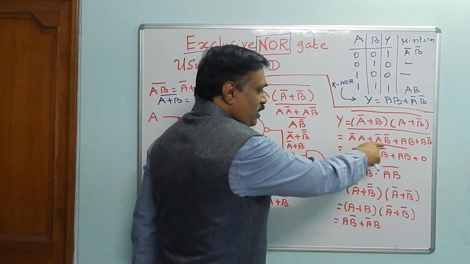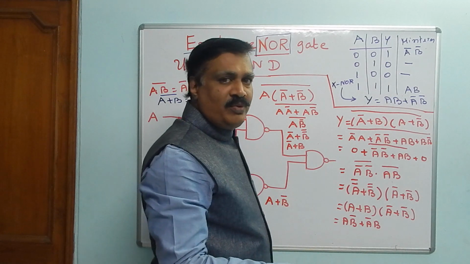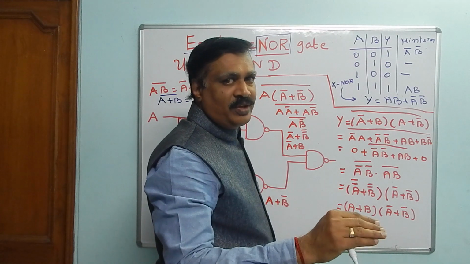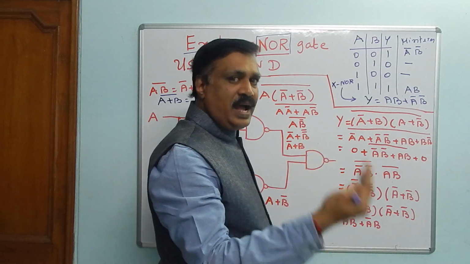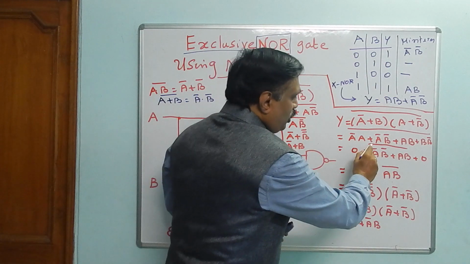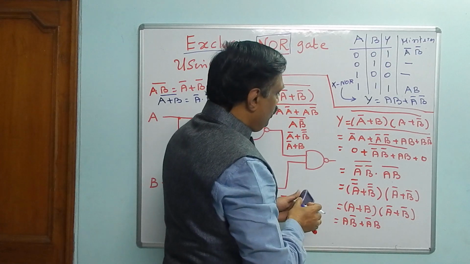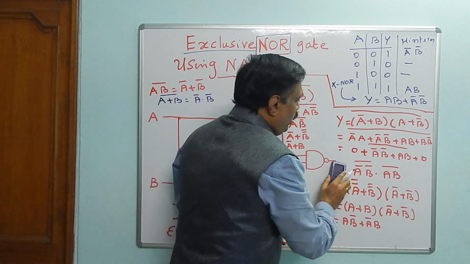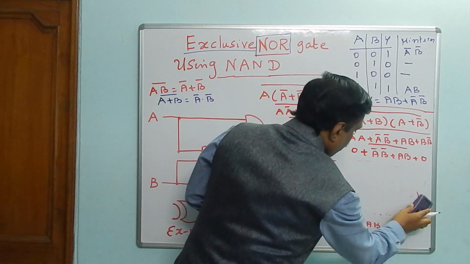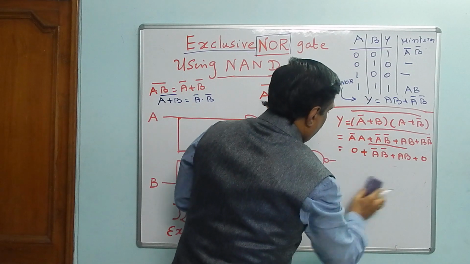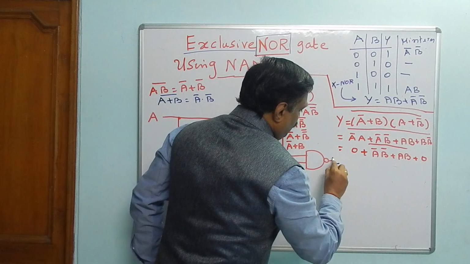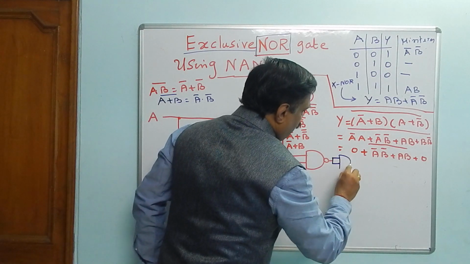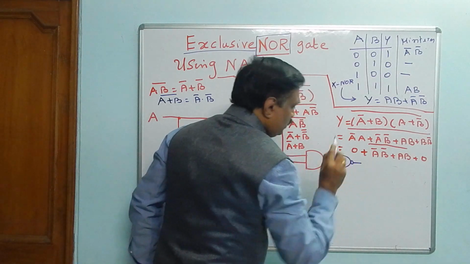If you put a NOT gate, you can add or you can remove a bar. Now one bar is there. If you put one additional NOT, you are removing it. If there is no bar, if you put a NOT, you can add. Now we are going to remove this. Therefore, now you add one NAND gate here, in the form of a NOT.